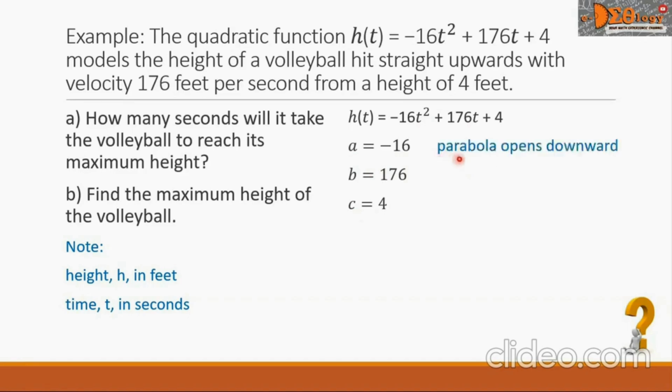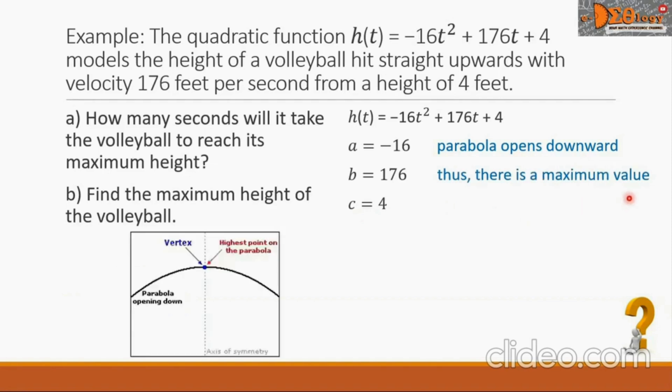So we have here a parabola that opens downward. It means to say we have a maximum value. Here is a figure of a parabola that opens downward, and the highest point is what we call the vertex, and the k value is the maximum. And this line here is the axis of symmetry.